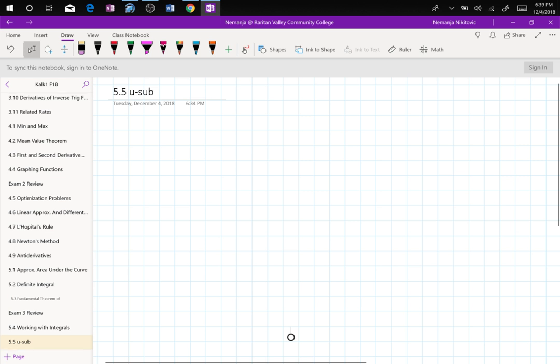Now, let's first review some of the old stuff, basic integration and so on. So we start by looking at the integral of, let's say, x plus 3 dx. So what is the integral of x? Very good. And what's the integral of 3?